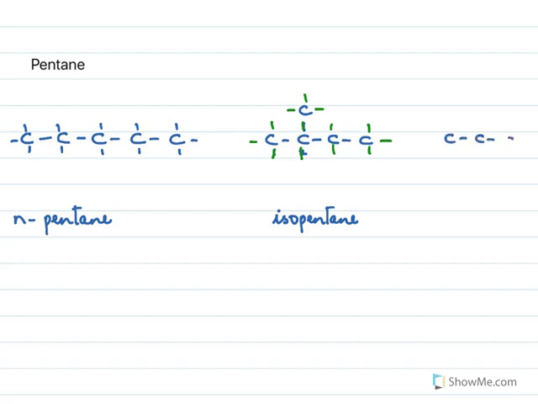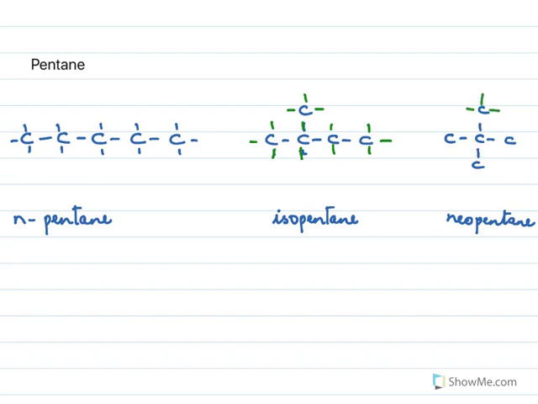You could have 1, 2, 3 with both the carbons attached to the same carbon. And this is called neopentane. When there are 2 attachments to the second carbon, it is called neopentane.